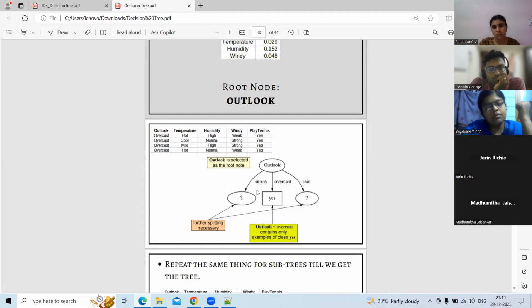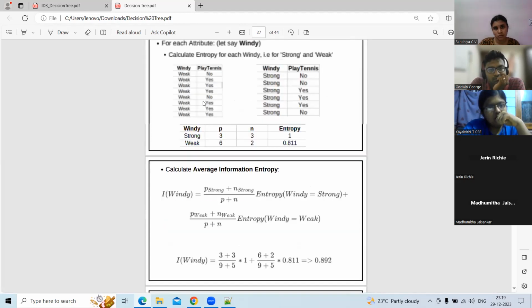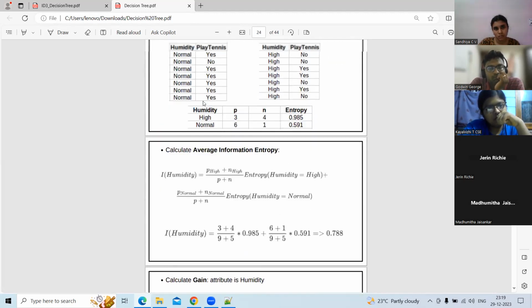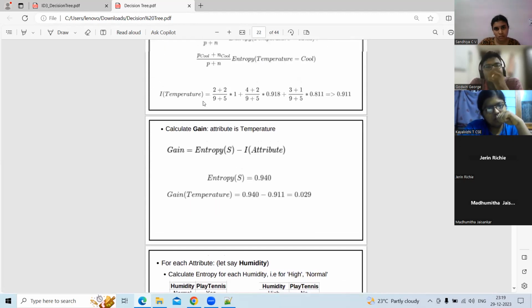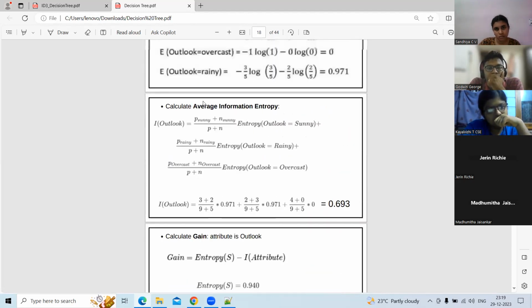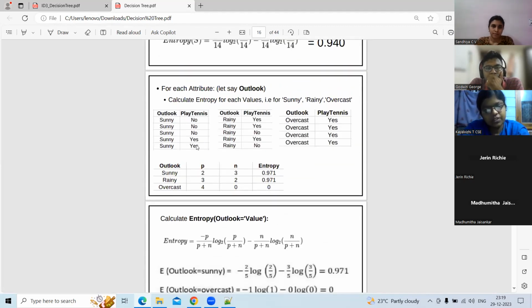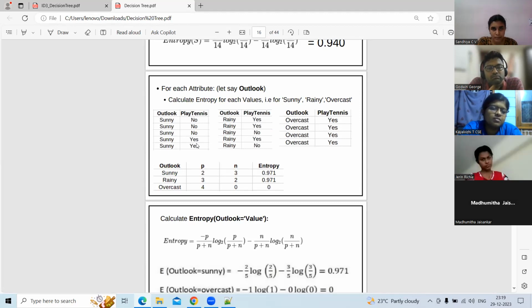So how many move to the sunny branch? Sunny, we have 5. So 5 data points move to the sunny branch and another 5 go to the rainy branch, correct?